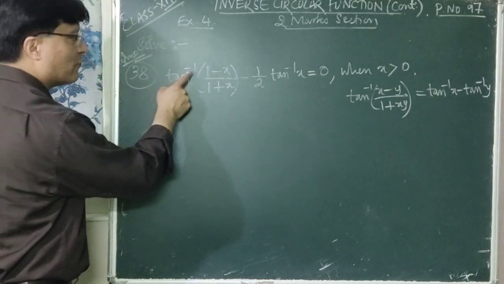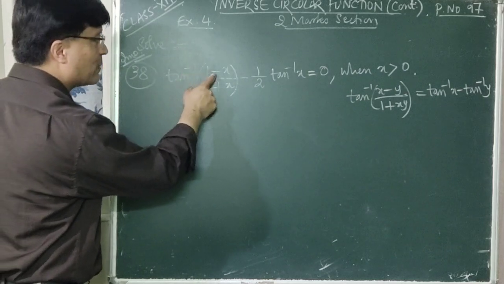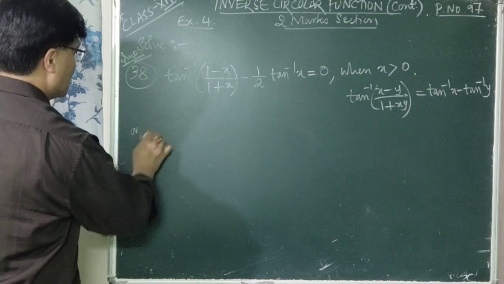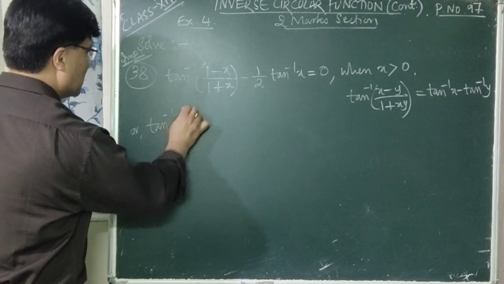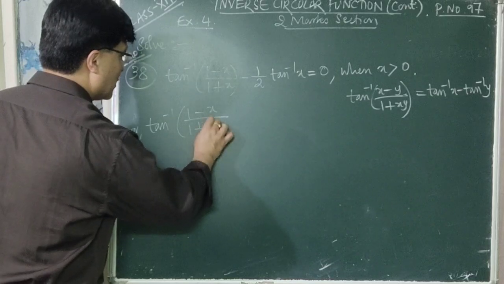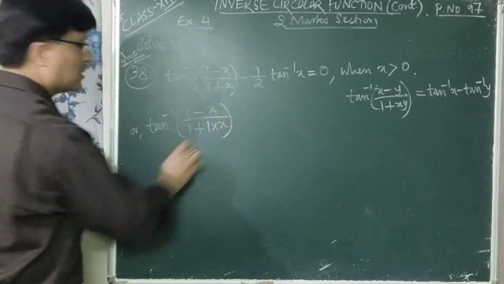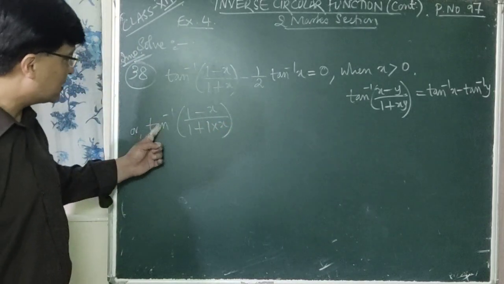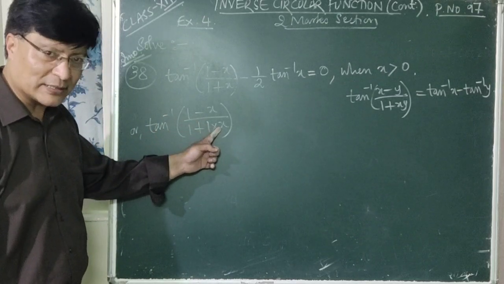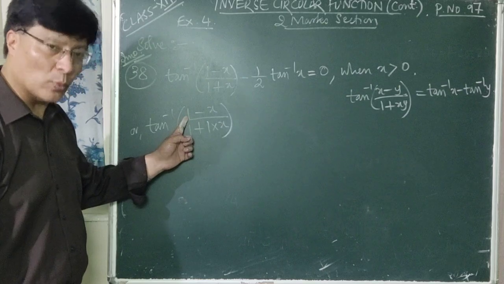So let us write in the form of tan inverse (x minus y) upon (1 plus xy). Right? So this is tan inverse (1 minus x) upon (1 plus 1 into x). Now this is the form tan inverse (x minus y) upon (1 plus xy), isn't it? Here what is the value for x? 1.